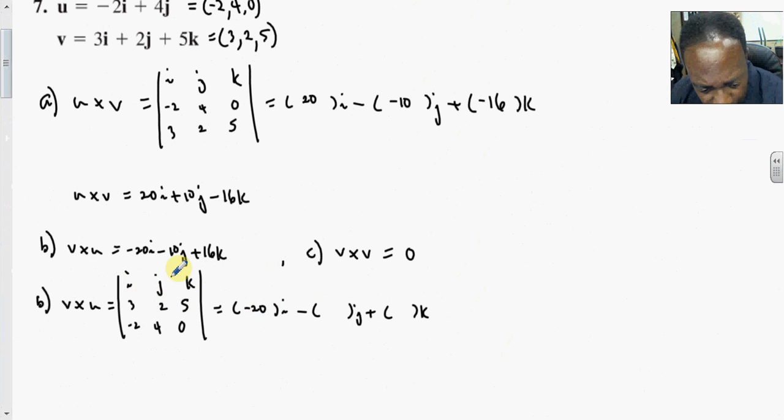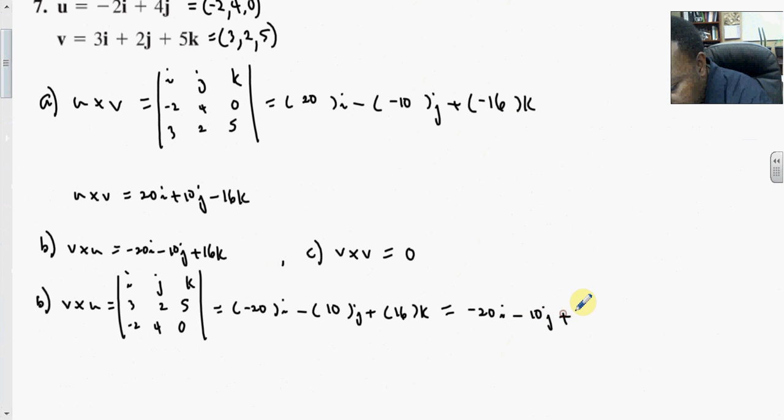For J, delete the jth row and column, we get 0 plus 10. For K, delete the kth row and column, we get 3 times 4 is 12, minus a minus is positive, 12 plus 4, 16. So this is negative 20i minus 10j plus 16k. See, I told you.